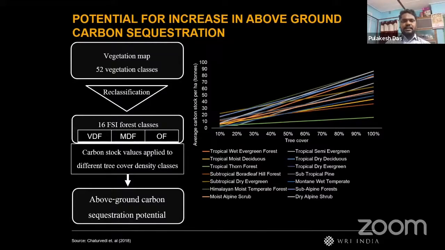Taking these three density classes as very dense, moderately dense, and open forest, we tried to develop regression models on how the carbon can be sequestered in different forest types across India.